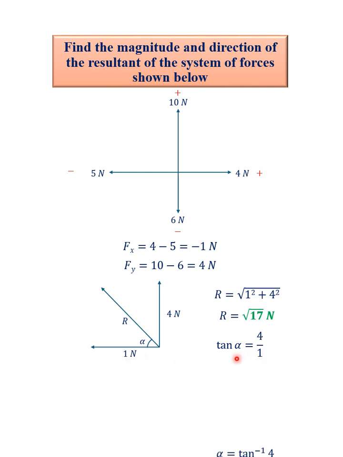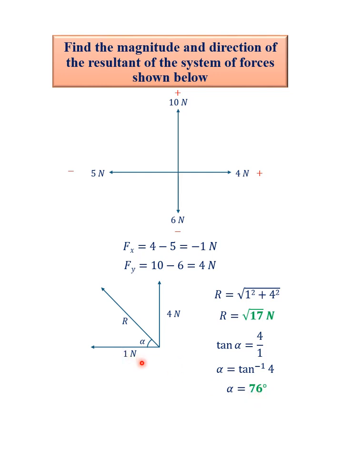So if we obtain alpha, alpha will become the tan inverse of 4, or you can call it arctan 4. And that will give us the value of 76 degrees in the calculator. Tan inverse of 4 is 76 degrees. It means the angle the resultant makes with the horizontal, alpha, as noted on this diagram, is 76 degrees. So the resultant is root 17 Newton at an angle of 76 degrees to the horizontal.